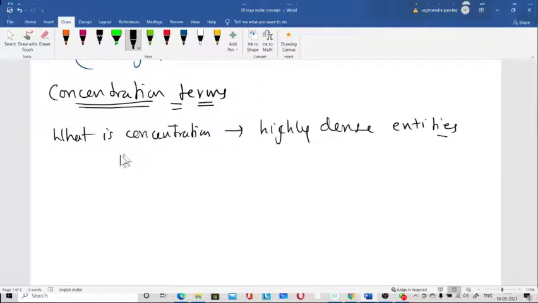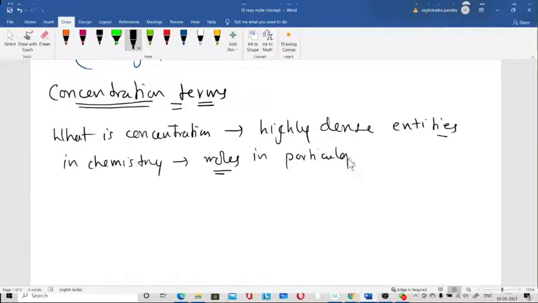But in chemistry, what we do is we take moles. That is the fundamental. Moles in a particular space, that is your concentration.